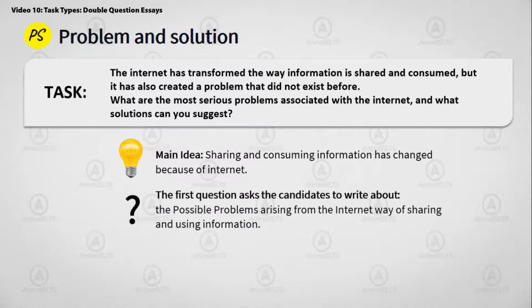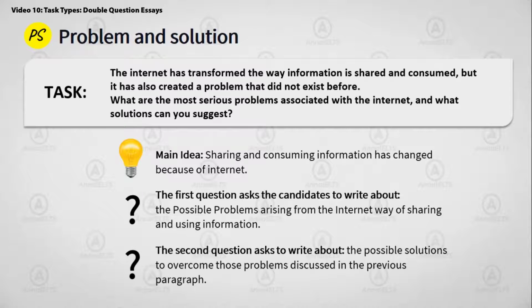The first question asks the candidates to write about the possible problems arising from the internet way of sharing and using information. The second question asks to write about the possible solutions to overcome those problems discussed in the previous paragraph.